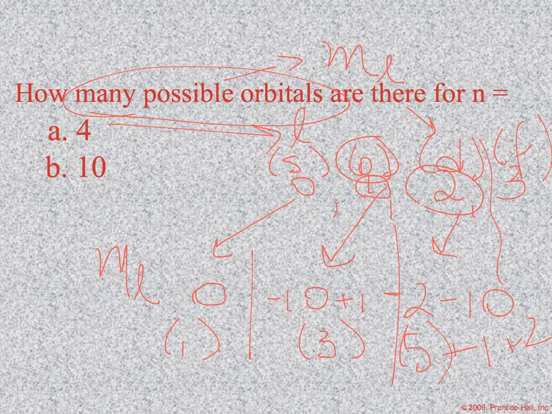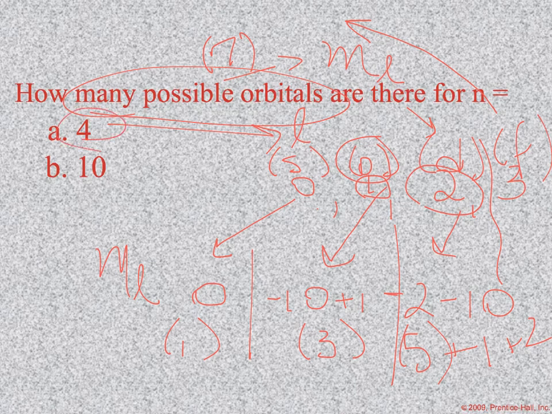I'm not going to drag you through the painful list, but if we did the same thing with F, we would find that there are 7 orbitals in every F level. So this question says, how many possible orbitals, stick with me because I'm going to give you the shortcut at the end, how many possible orbitals if n equals 4?